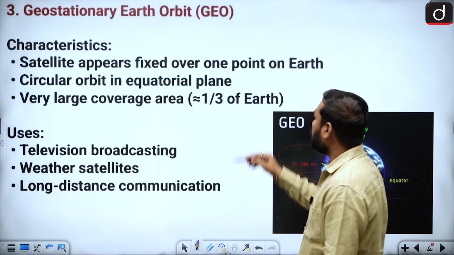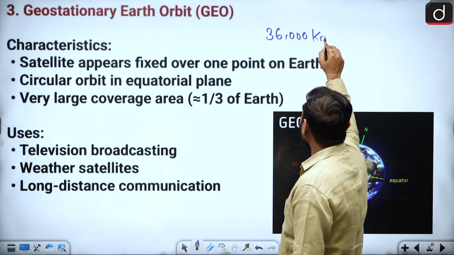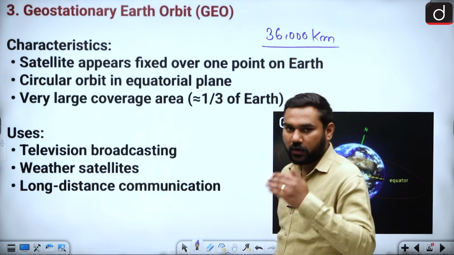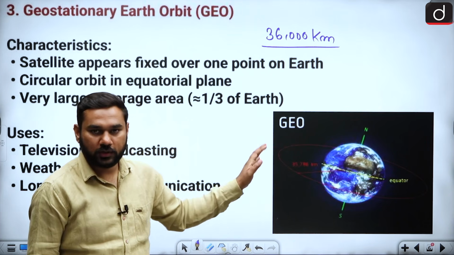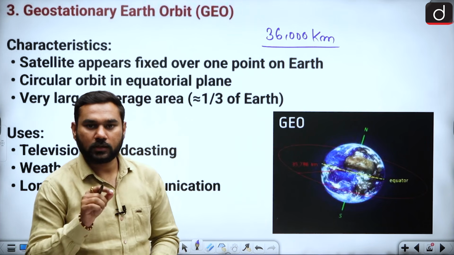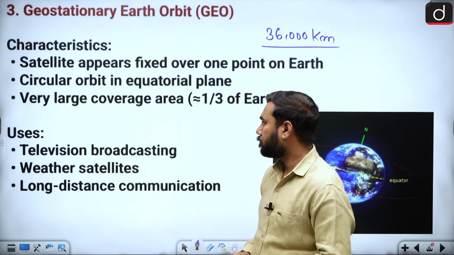But we normally say it is around 36,000 kilometers. So 36,000 kilometers in front of the equator, there is a circular path around Earth, which is called GEO. And this is the maximum utilized area.